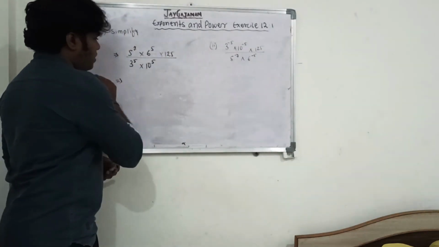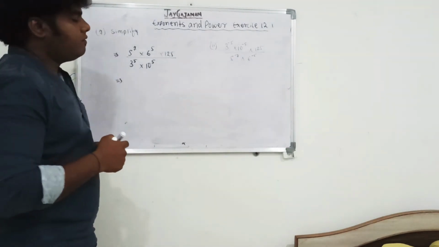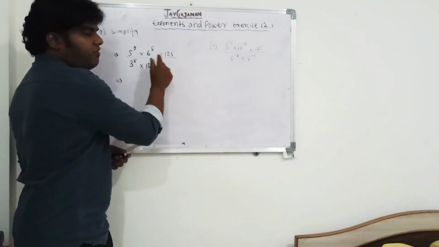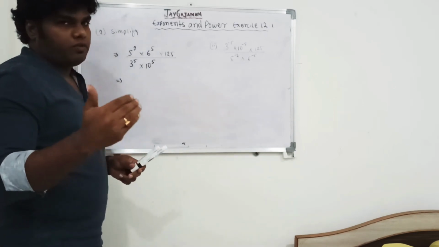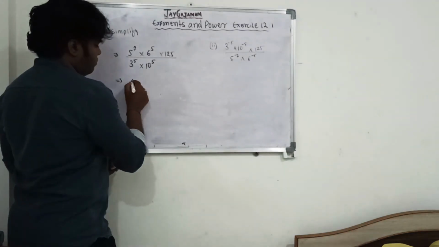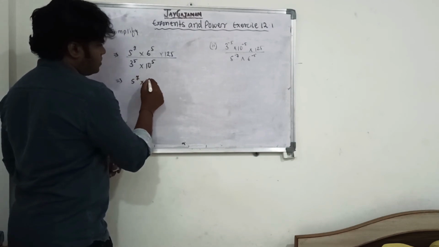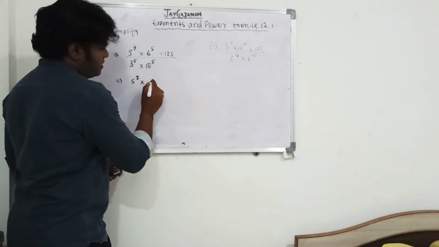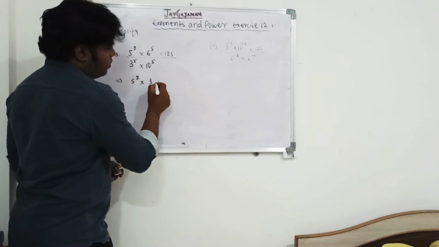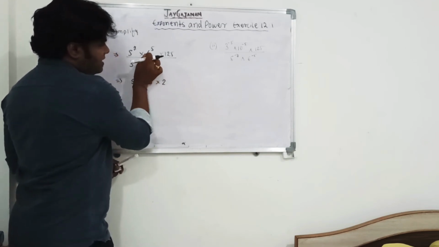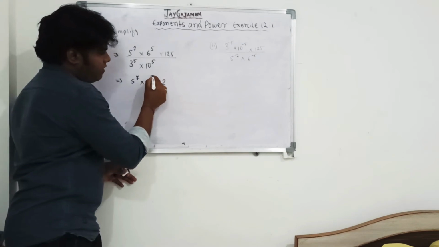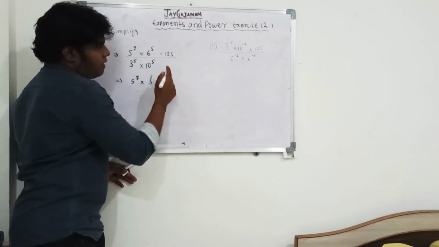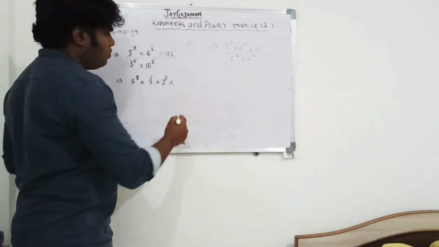Now first of all, there are certain digits, that is 125, that can be converted into power. This 10 also can be converted into 5 into 2, that we have done. So 5 to the power 7 into 6 to the power 5, 6 can be written as 3 into 2. So I have broken the base 6, and the power above will also apply here. 5 multiplied by 125 can be written as 5 cube.